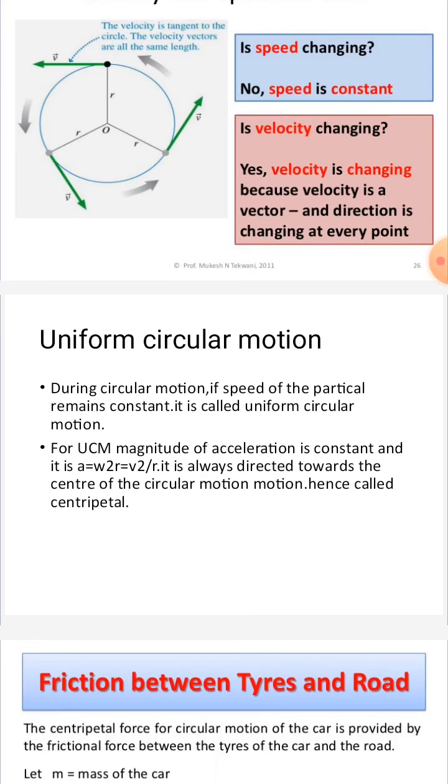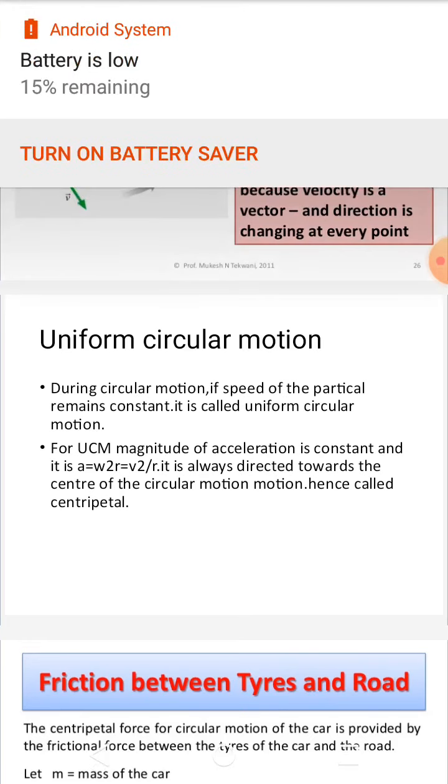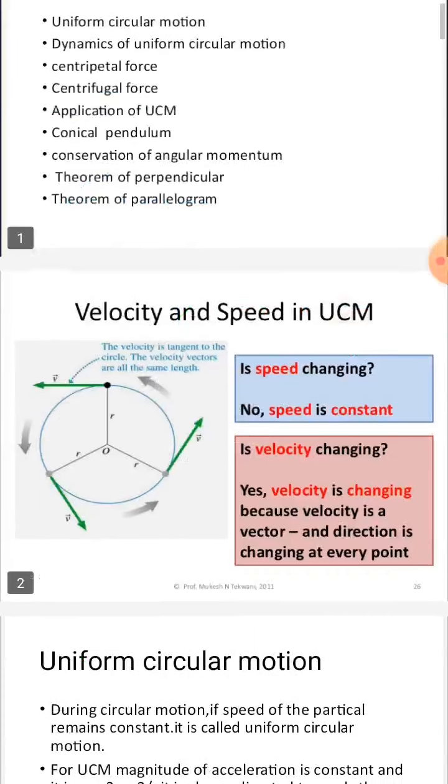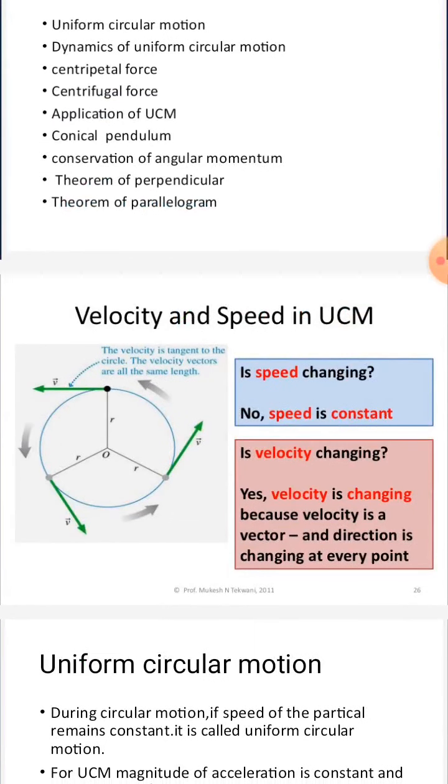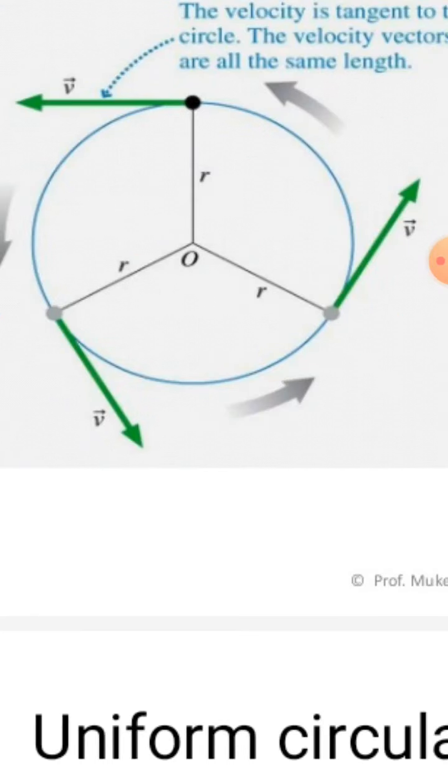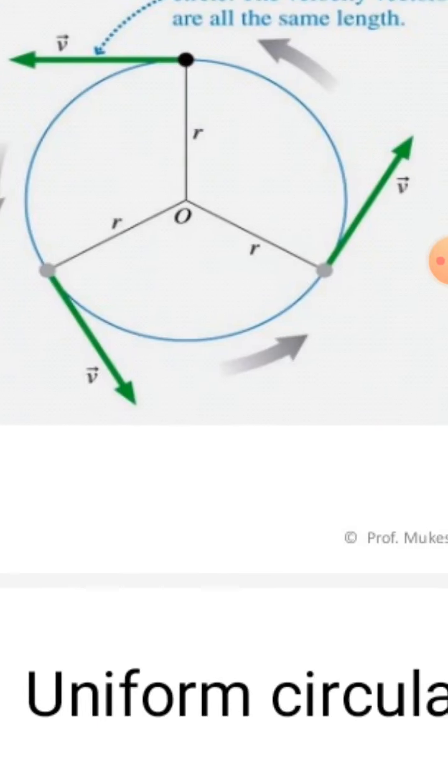In uniform circular motion, the velocity direction changes but the speed remains constant.